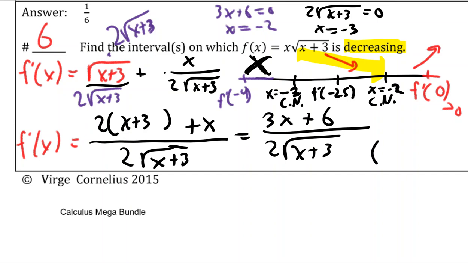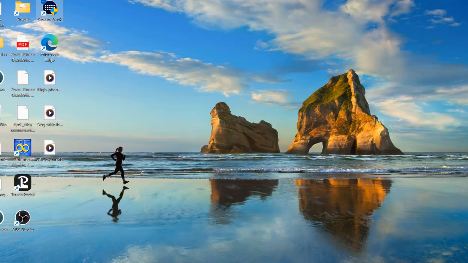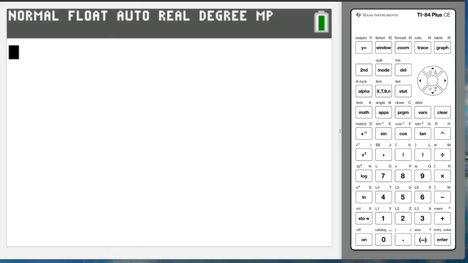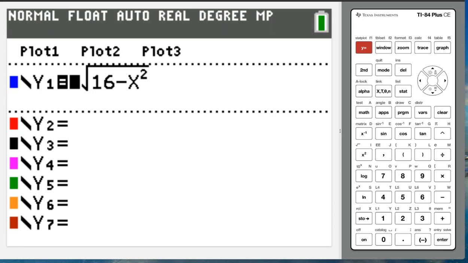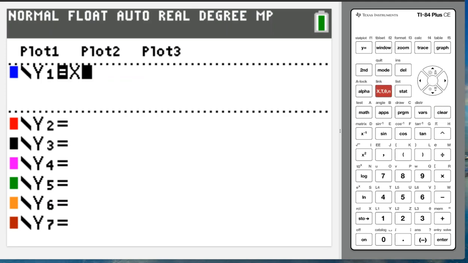Between negative 3 and negative 2. Okay, and then as I said, I would graph the function. It is x square root x plus 3.